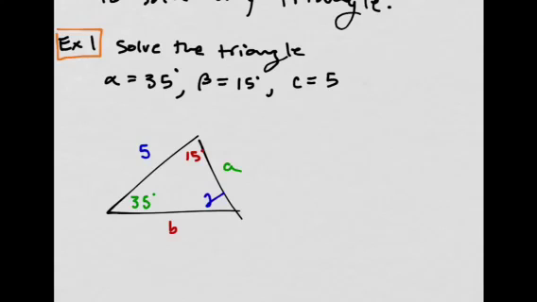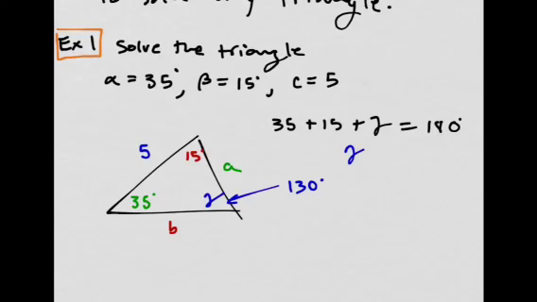So 35 plus 15 plus gamma must equal 180, because it's a triangle. So that means gamma is 130. So that's something I can figure out right away. Gamma equals 130.